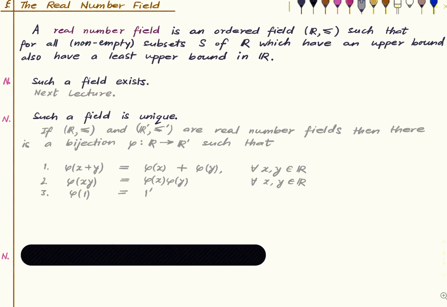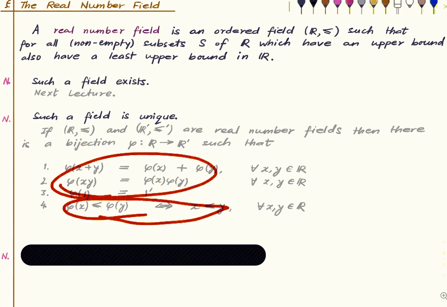Perhaps insisting on this is not required, but it's not wrong to put some redundant thing. You might be able to derive this from that. I don't know. Perhaps you can. I haven't even thought about it, but it's just good to put it there. And lastly, it preserves the order properties. So it preserves the arithmetic and it preserves the order properties.